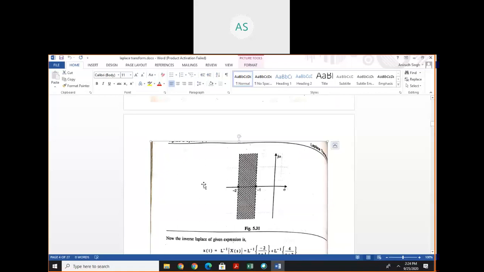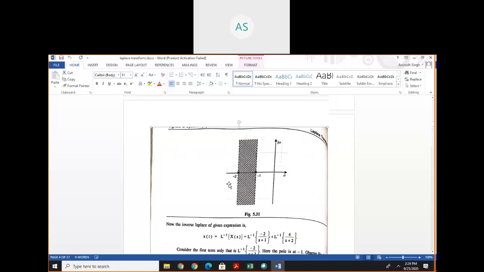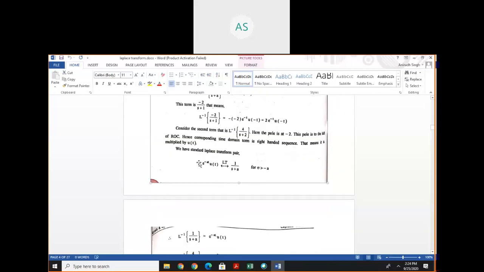So if we take the inverse Laplace transform of -2 divided by (s + 1), we get -2 e^(-t). Here the value of a is 1, and u(-t). So we get 2 e^(-t)u(-t).